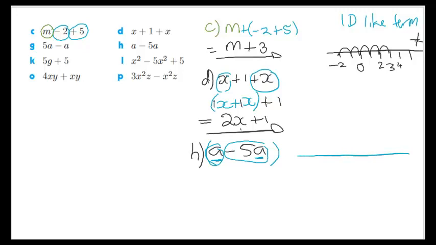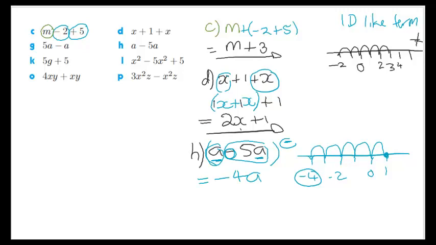On my number line, I am starting at positive 1. I have 0, I have minus 2, and minus 4. So I'm starting at positive 1 and I'm subtracting 5 because I've got a minus there. That minus tells me subtract 5. 1, 2, 3, 4, 5. That leaves me at an answer of negative 4.